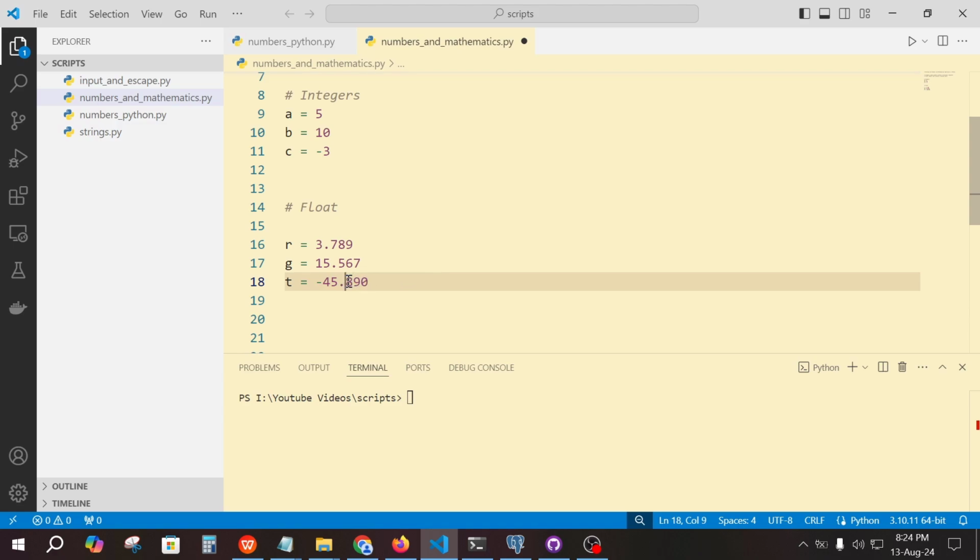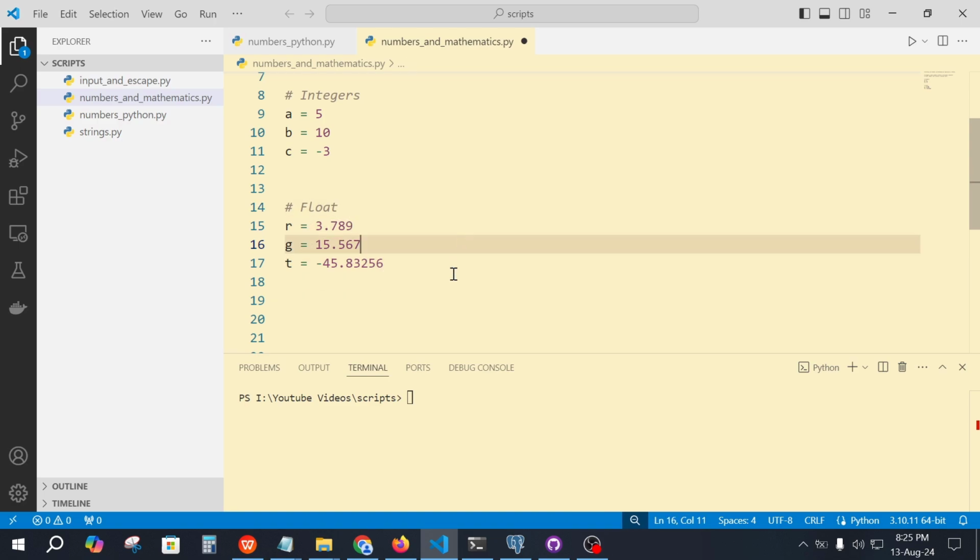These decimal places can be 1, so it can also be 8, it can be 83, it can be 256, however many decimal places we want to add. So if a number has a decimal place, then it is a float number. Its type is float.